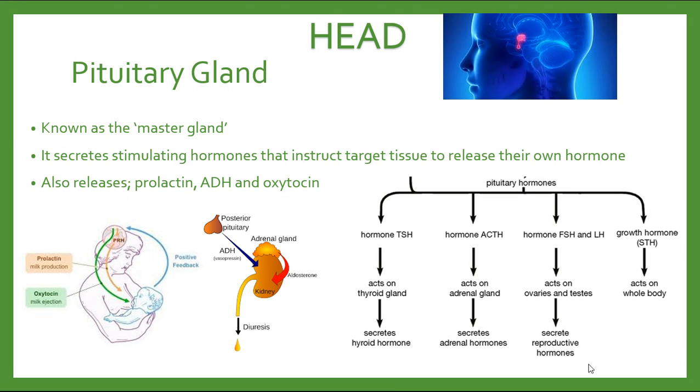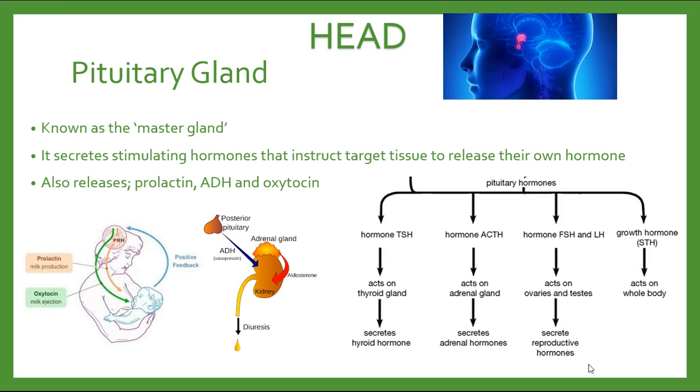Moving on to the pituitary gland, this is known as the master gland, as it's responsible for the production and secretion of many different types of hormones. The pituitary gland will release its own hormones under the instruction of the releasing hormones from the hypothalamus.